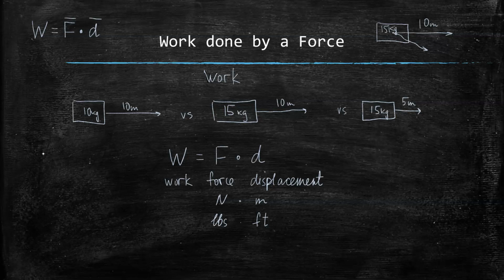And then the units for work, when we use newtons and meters, is newtons times meters, which we call joules. But if we're using pounds and feet, then the units are just foot-pounds. There's no alternative name for it.